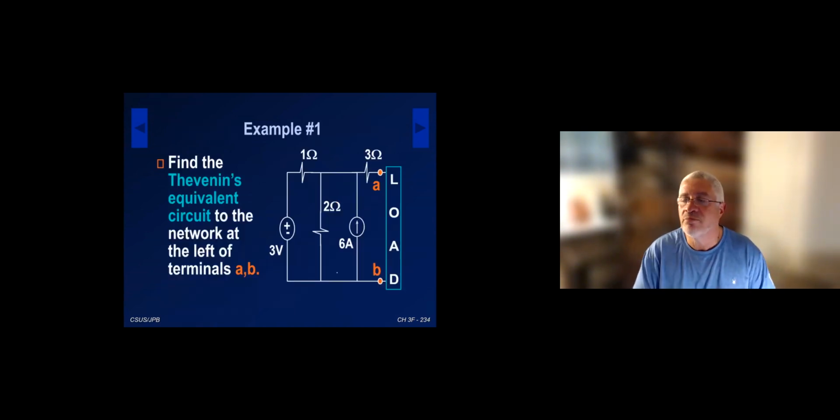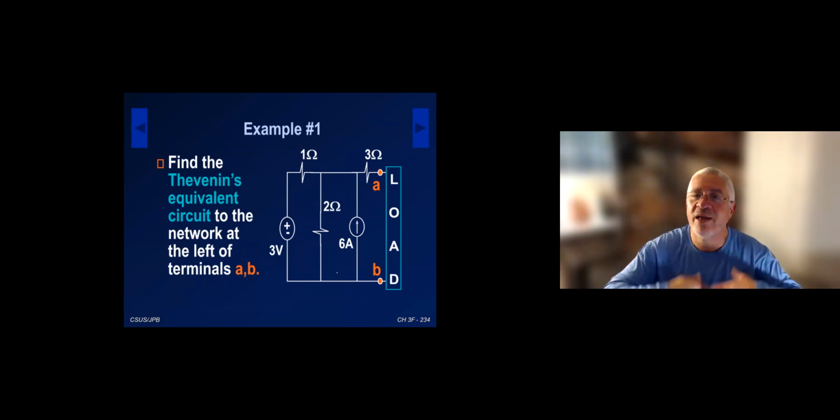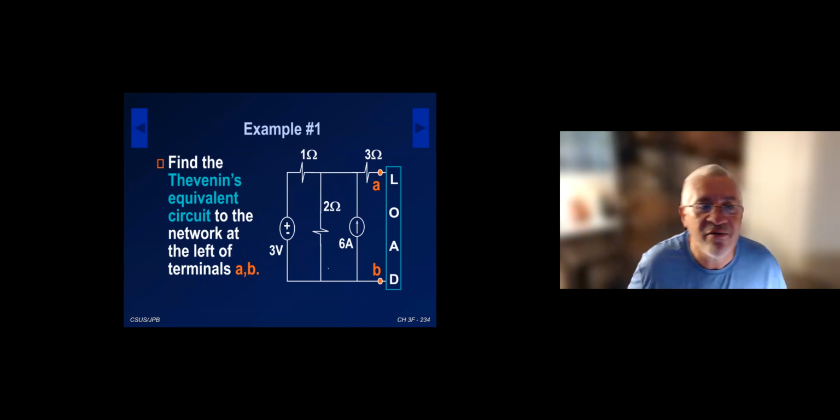We're going to apply this to see how that works. Of course, we start with a simple circuit, and we increase the complexity of the circuit. This circuit is saying, find the Thevenin equivalent circuit to the network to the left of terminal A and B. So in essence, I'm looking for a model for everything in the box here.